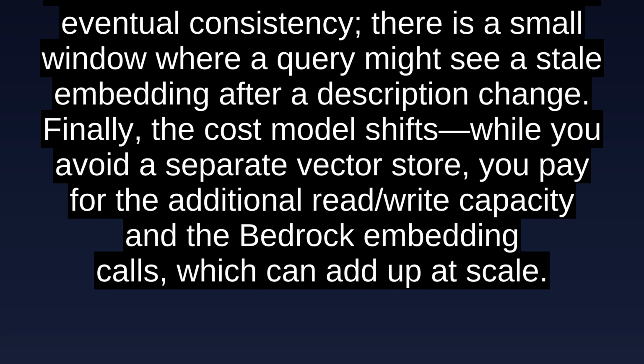The streams-based Lambda introduces eventual consistency. There is a small window where a query might see a stale embedding after a description change. Finally, the cost model shifts. While you avoid a separate vector store, you pay for the additional read-write capacity and the Bedrock embedding calls, which can add up at scale.